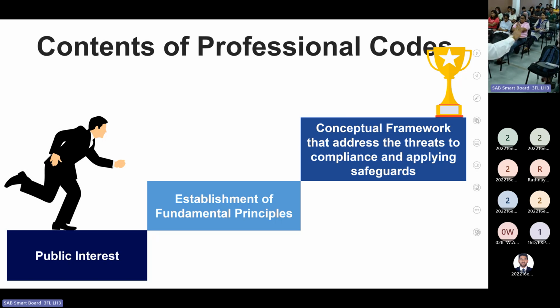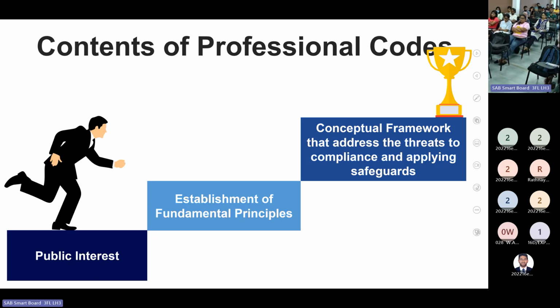Any professional code in the world. So this is actually mentioned in the IFAC, International Federation of Accountants. They have mentioned if you are building a professional code, you need to have the public interest. That means generally it needs to be accepted, the public has kind of an interest in this.